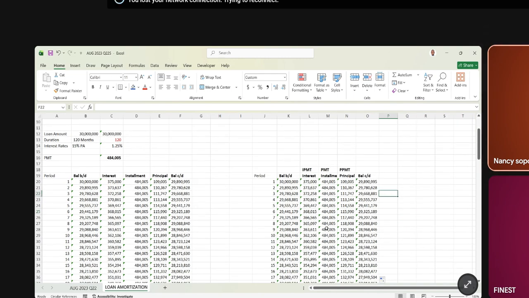You said the rate of 1.25 is locked, isn't it, Mwalimu? For PPMT, the way you have done it for IPMT, it remains the same.